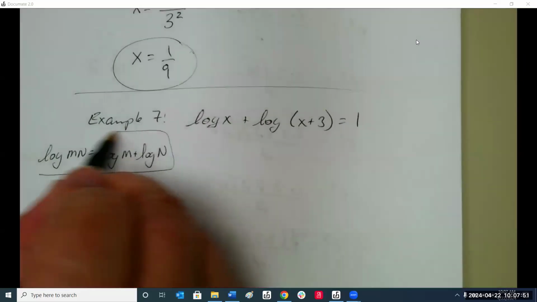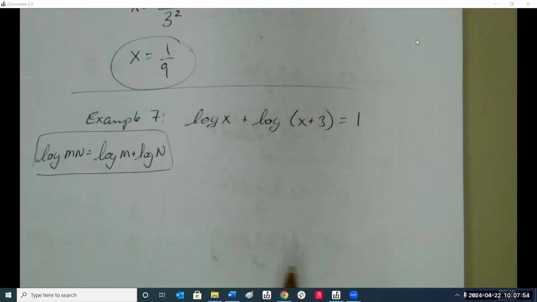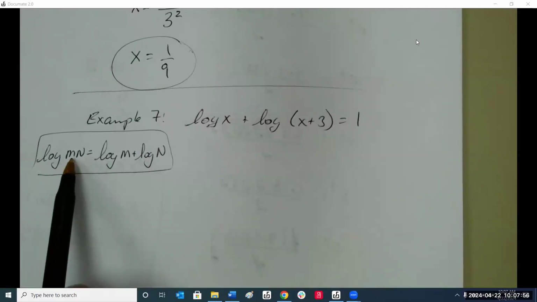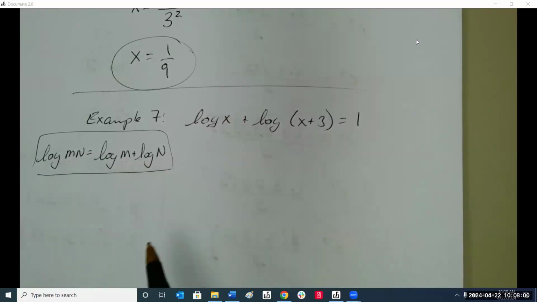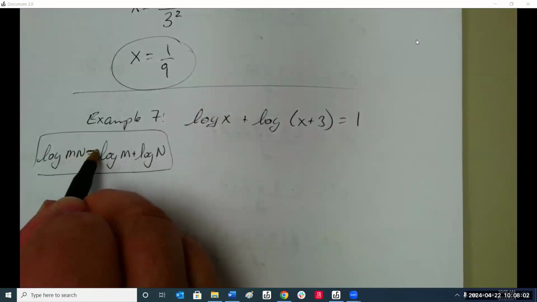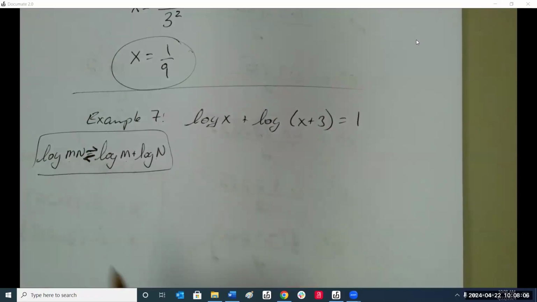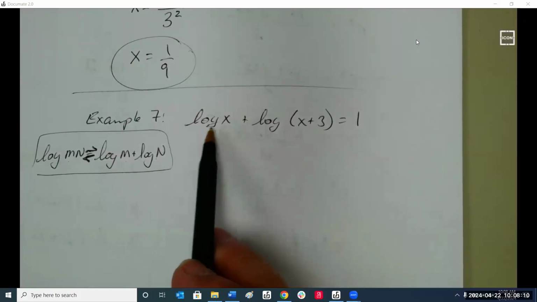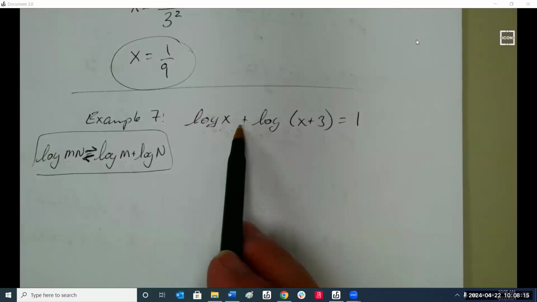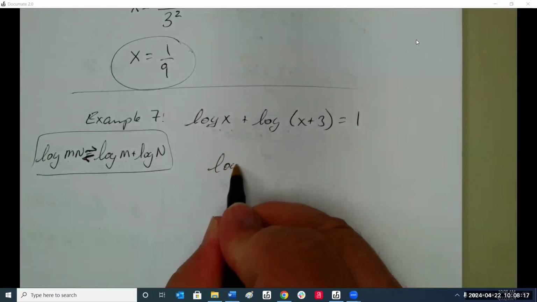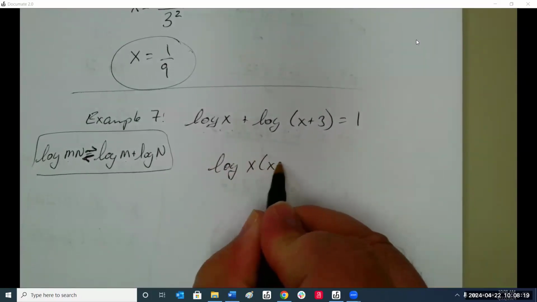The product rule says this. The log of m times n can be expanded to the log of m plus log of n. Remember, you can go both directions. So I gave you log x, they're the same bases, and they're adding, so I could put them both together. X times x plus 3.